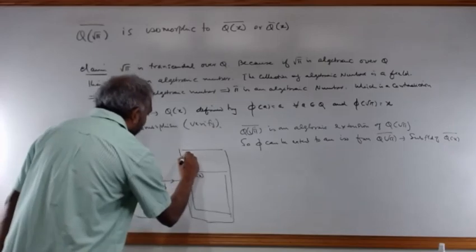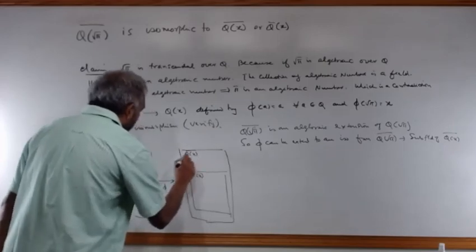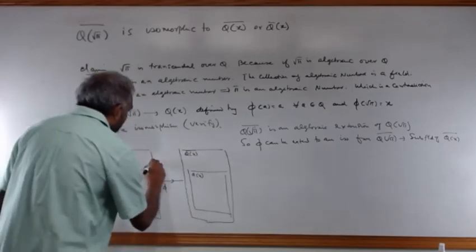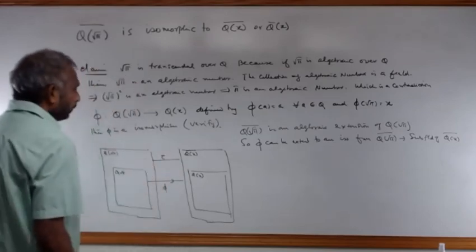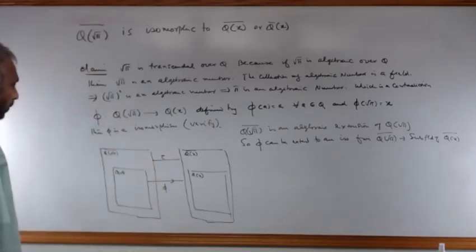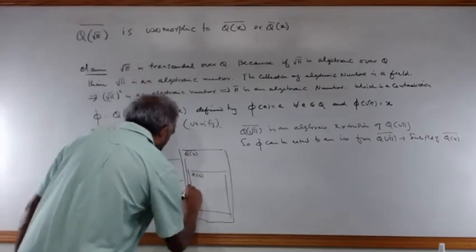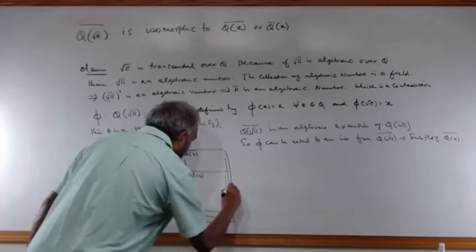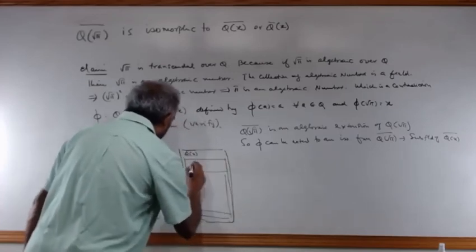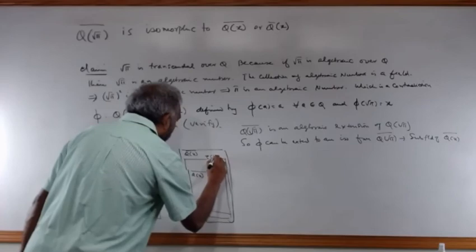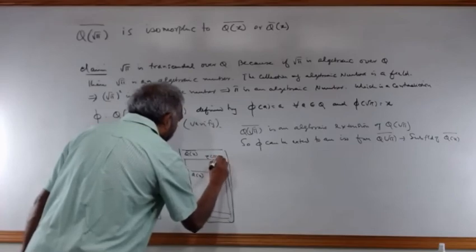This is our Q of x closure, and let that be tau. And we'll have another field here, which is tau of Q of root pi closure.